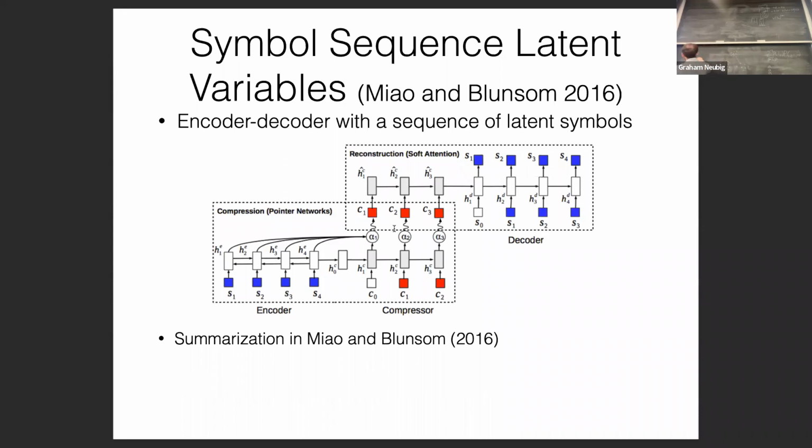Here we have a sequence of embeddings, C1, C2, C3. How is that different from just stacking H1, H2, and H3 and learning a variational autoencoder over this?